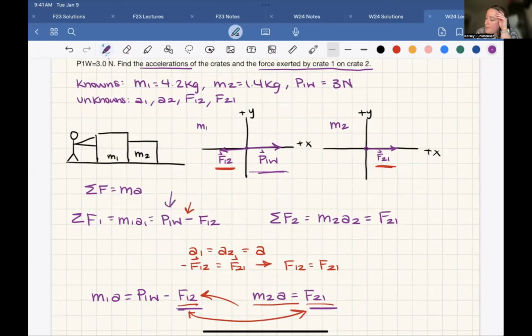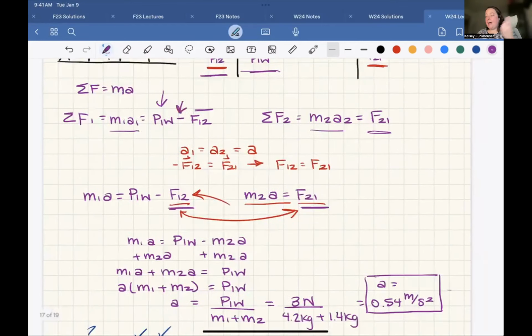So put that there. And then we have this other force that's in the negative x direction. That's why we have this negative sign. And then we put that force here. Okay, that's the important part. And that equals mass times acceleration because of Newton's second law. So over here for mass 2, there's only one force, so we just set that equal to mass times acceleration.